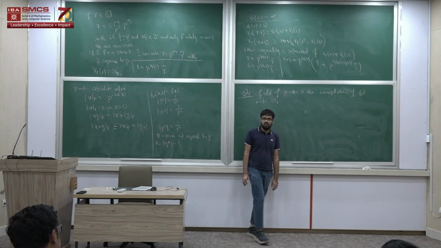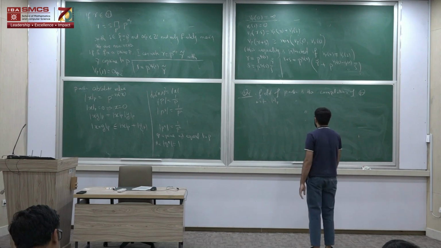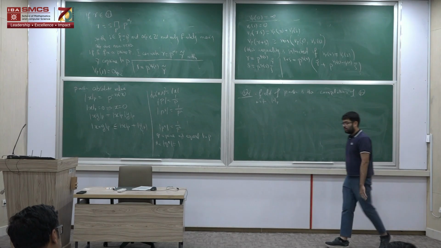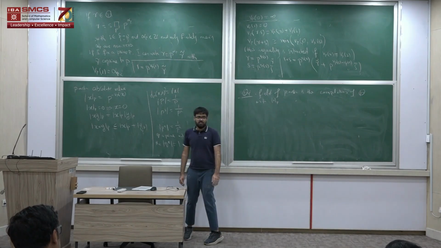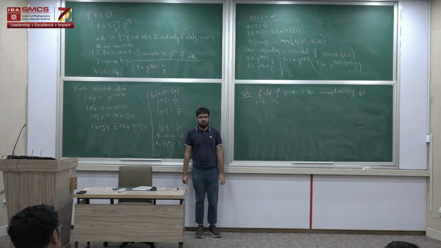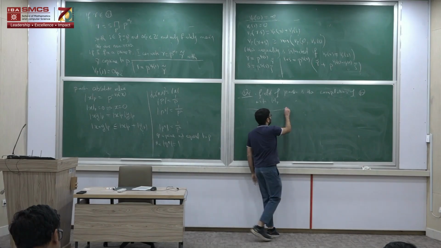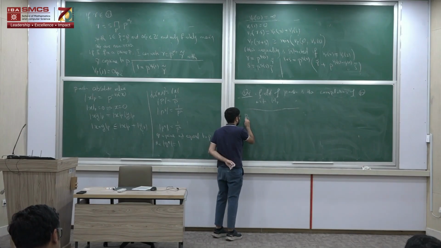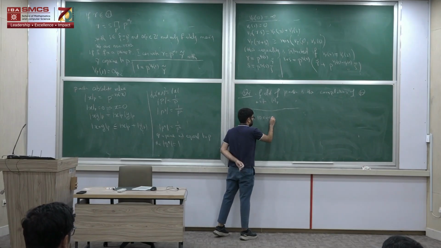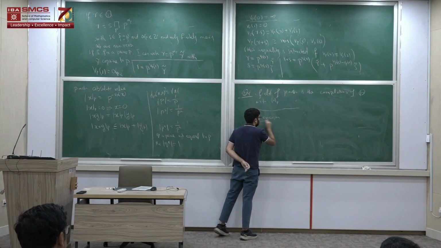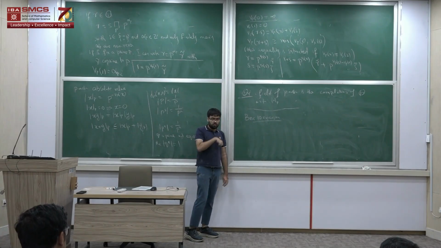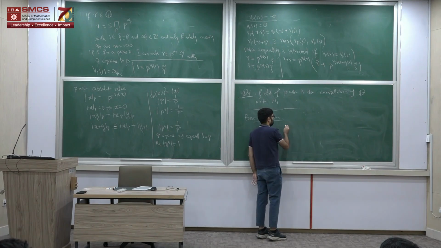I think the easiest way to do this is to remember the base 10 expansion in real numbers. So, as a reminder, what does the base 10 expansion correspond to in terms of Cauchy sequences?